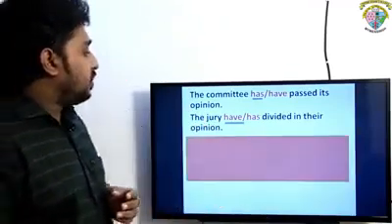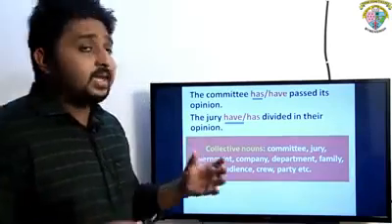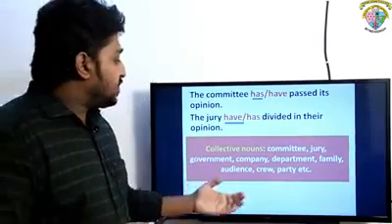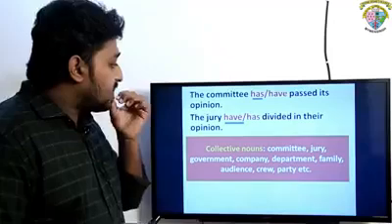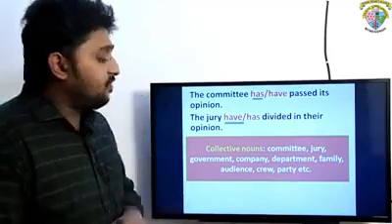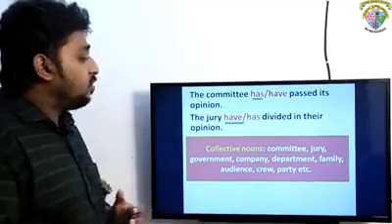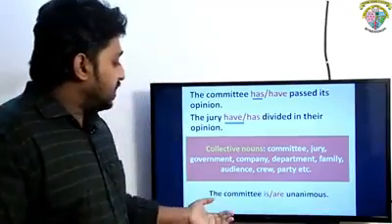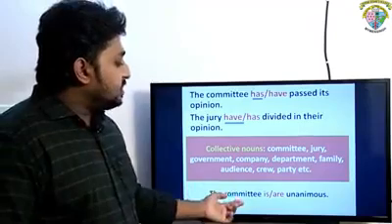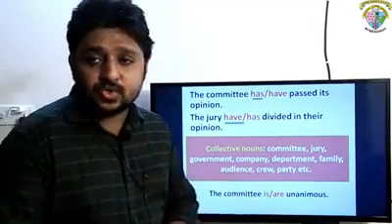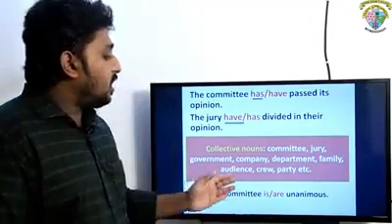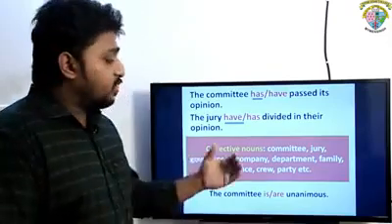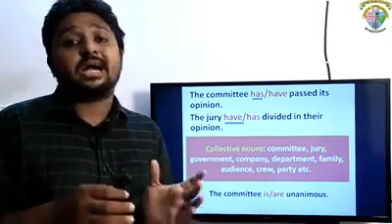So we have to know some collective nouns, and we can get some of these: committee, jury, government, company, department, family, audience, crew, party, etc. So another example we can see: the committee is or are unanimous. The committee is or are unanimous. The correct pronunciation is unanimous with a y sound.